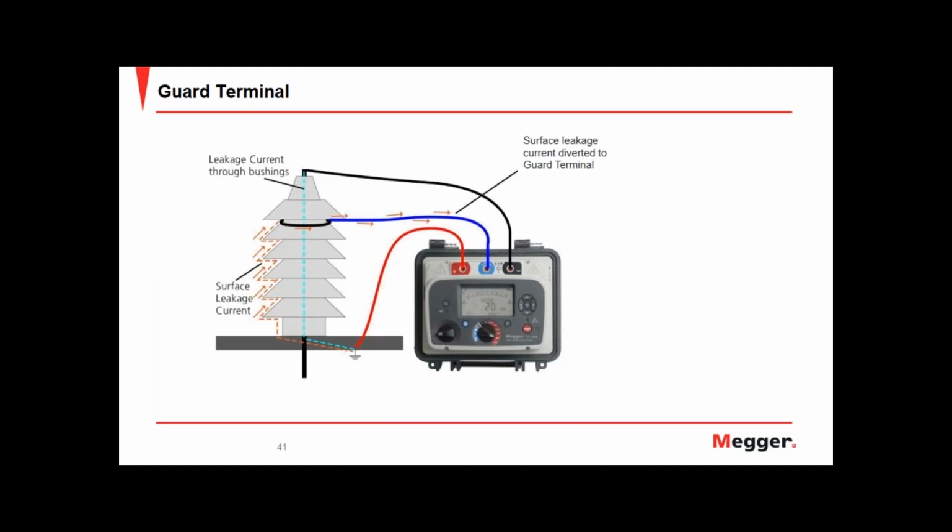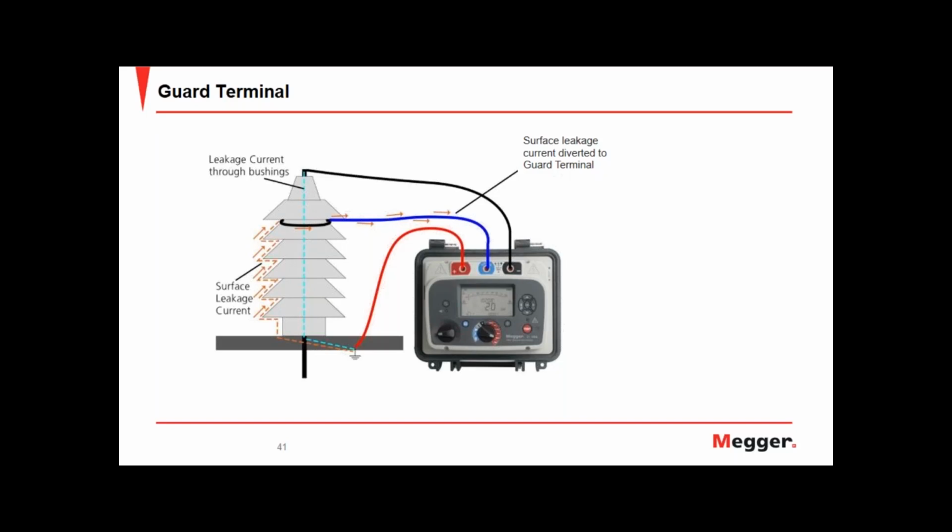Regarding the guard terminal, with the addition of a third wire to the insulation resistance test, instead of doing a 2-wire test, we're now doing a 3-wire test. We're able to wrap a conductive wire or conductive rubber around the bushing, using the bushing as an example again, and this provides a path for the surface leakage current to be diverted away from the measurement circuit contained within the negative terminal.